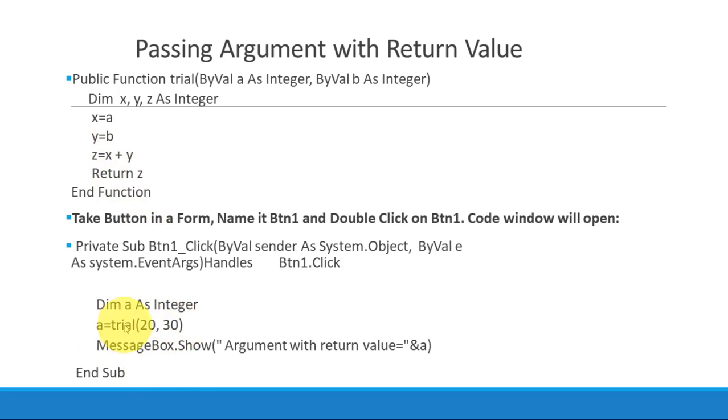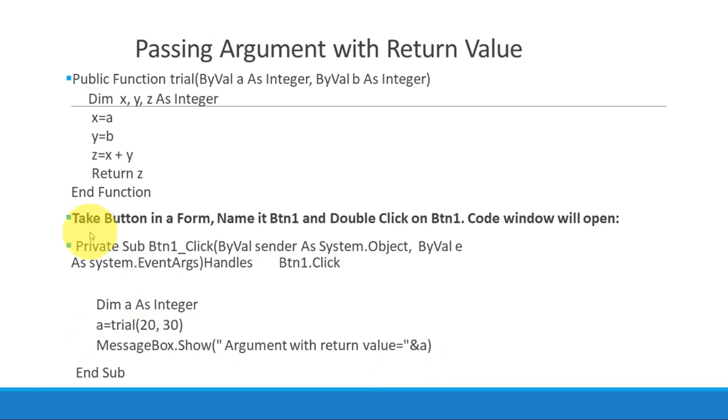Now the trial got the value 50, and that 50 is assigned to A. Now MessageBox.Show "argument with return value" A. Now we are displaying the value of A, and what does A contain? It contains the calculated value of Z that is being received from the trial function, and the whole value of the trial function is assigned to A, and simply we are printing the value of A in the calling part.